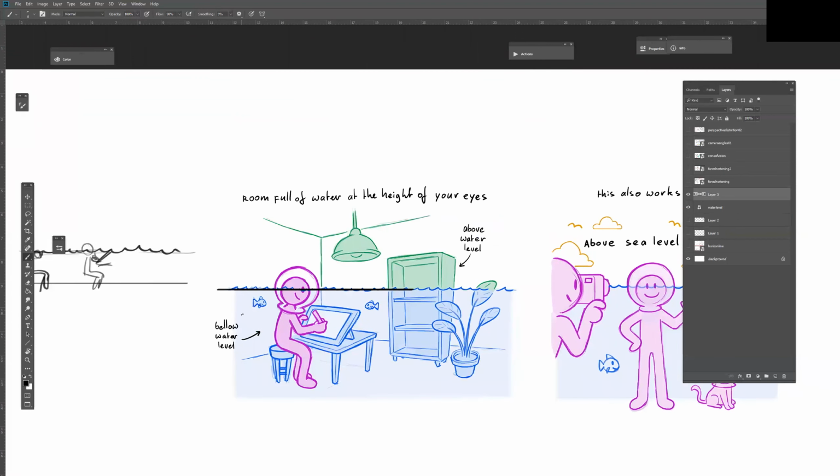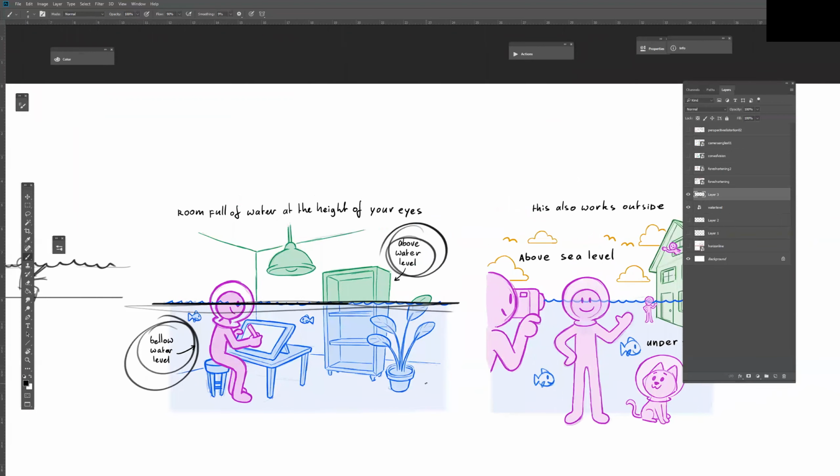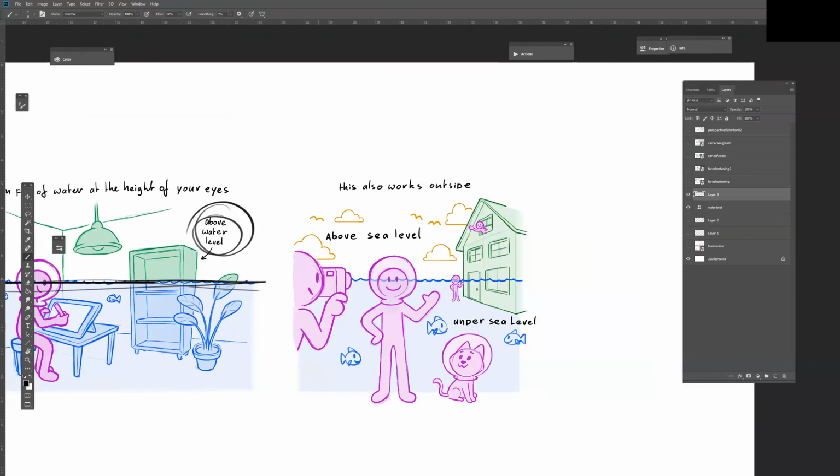So that means that you then have a lower water level and a higher water level. This is the water level or the surface, and then you have an area above and an area below it. Try to think of that as the eye level. So here again, we're taking the picture of this person that's at the same height as we are, and that's also till the eyes underwater, and also this person.